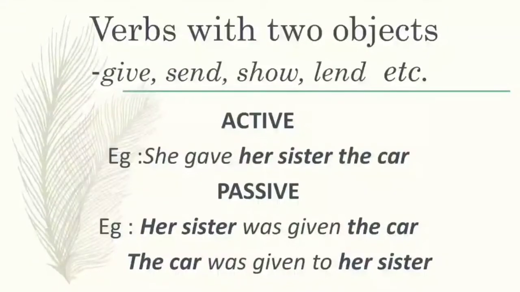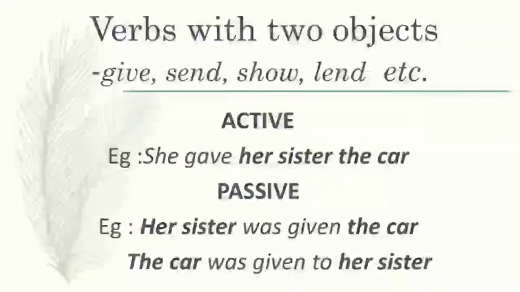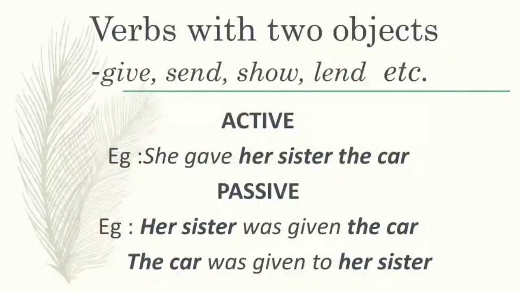Some verbs like give, send, show, lend, etc. All verbs do not carry two objects with them. But some verbs like these, give, send, show, lend, and some other verbs, they can have two objects.